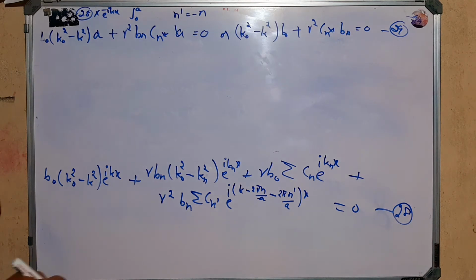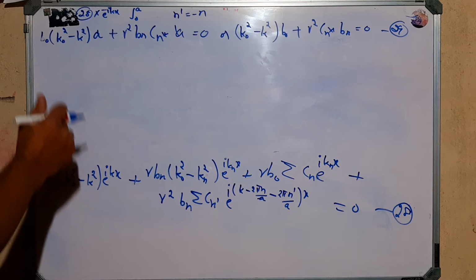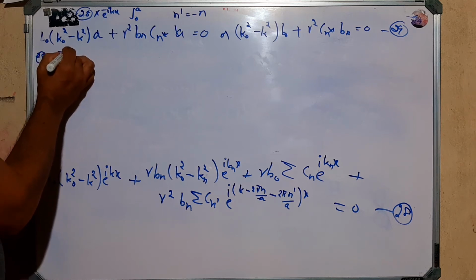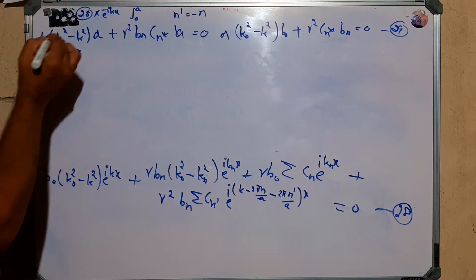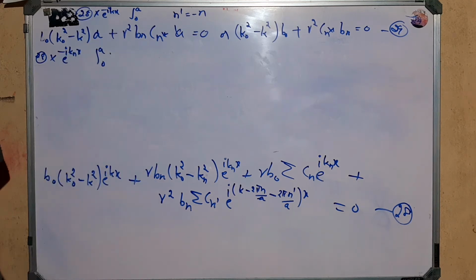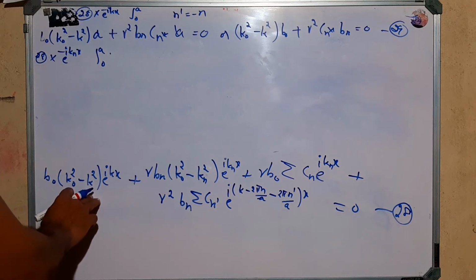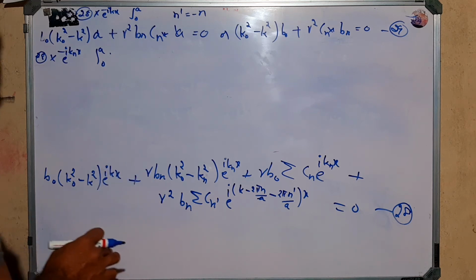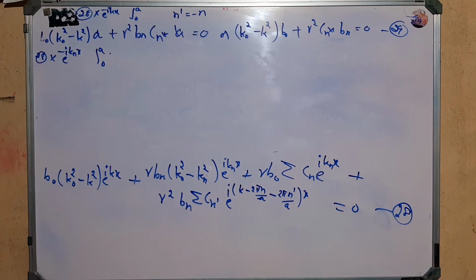So now, the next step is you have to consider equation number 28. This is multiplied with e to the power minus ikn x. Then integrate from 0 to a. So what happens when you do this? The first term reduces to 0. In the second case, just to see what terms are retained, that you have to evaluate.